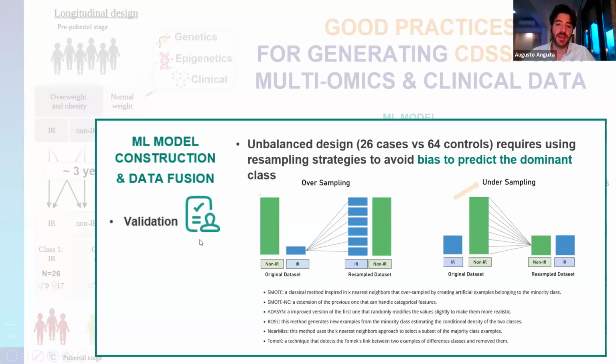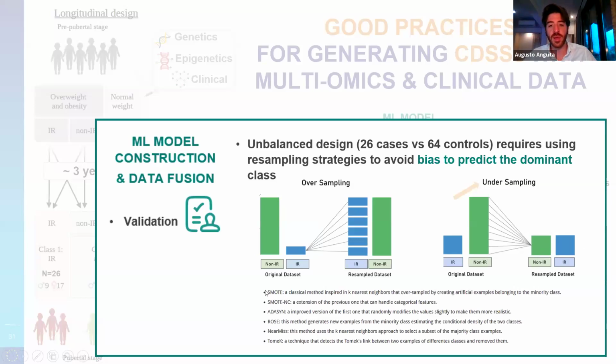Of course, for generating these examples, we have to rely on the existing examples that we have in our data, and there are different methods for that. And also, we can do the opposite. We can eliminate some examples from the healthy class, and finally get this balance in numbers between the non-healthy and the healthy class that we want to predict.